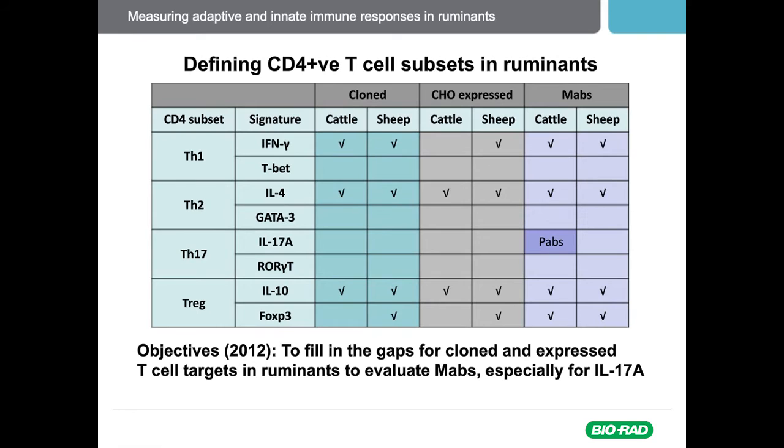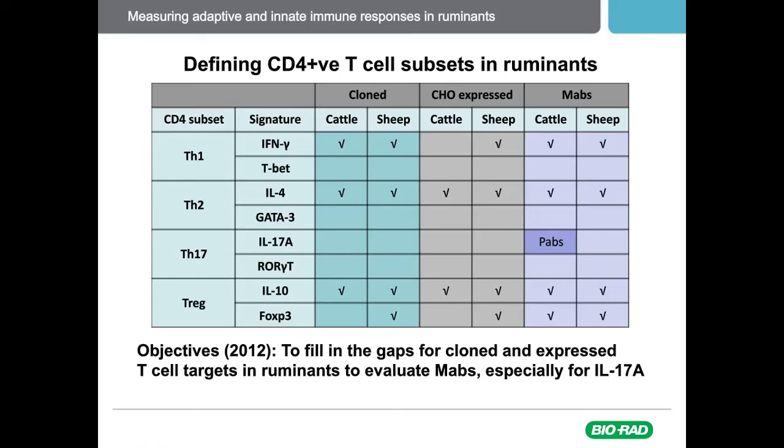So at the start of the project that I described earlier, this was the scoping exercise that we did, and we were looking to see where we had cloned molecules. We had taken an approach at Moredun for quite a long time now of expressing recombinant cytokines in Chinese hamster ovary cells, and this was by way of immunological tools to allow us to ascribe function to those cytokines, but also to act as positive controls for measuring cytokines in other cell populations.